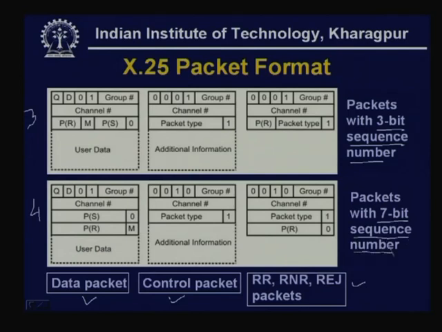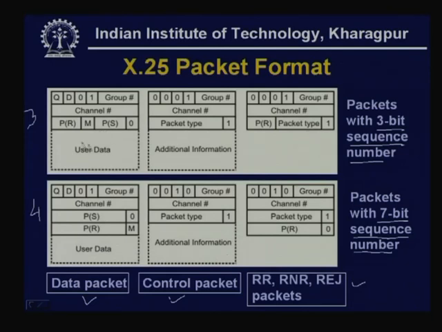Whenever a 7-bit sequence number is used, it is necessary to have a 4-byte header instead of a 3-byte header. On the other hand, whenever a 3-bit sequence number is used, you have 3 bits as the sequence number for acknowledgement in the user data or in control packets.